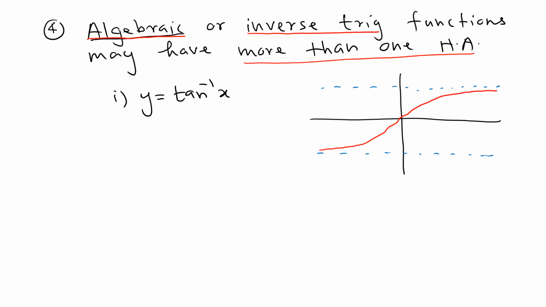This is the graph of tan inverse. This is something you have to remember because it is very useful in engineering, physics, and of course mathematics. We use this graph a lot, and there are two horizontal asymptotes, one at positive infinity and one at negative infinity.